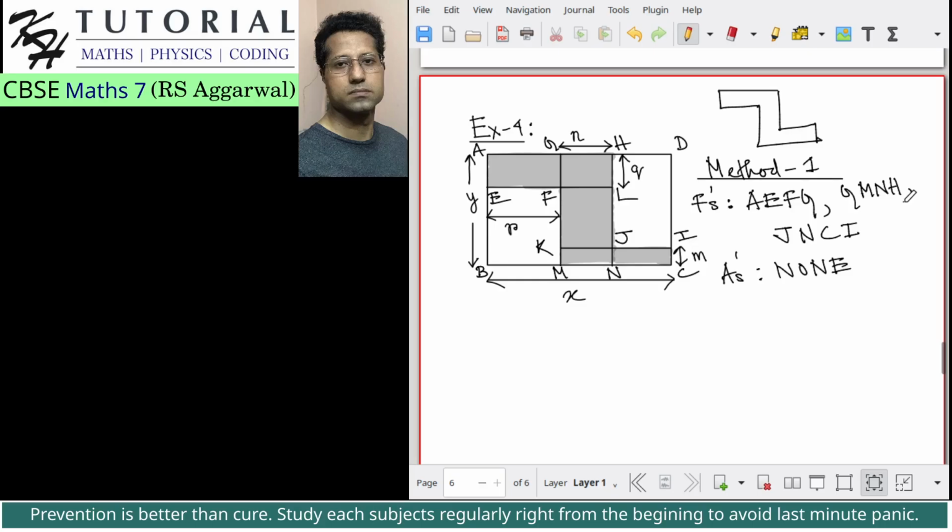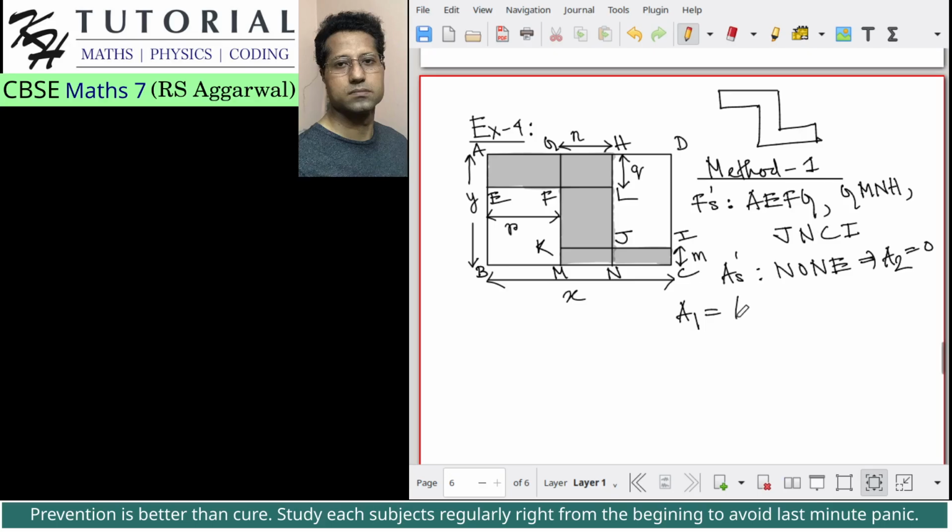So the list of overlapping regions is none, 0. So this implies that A2 will also be equal to 0. Now we must find what is A1. A1 is the sum of areas of all the figures from F's, that is the sum of the area of all the rectangles and squares into which we have divided the shaded region.